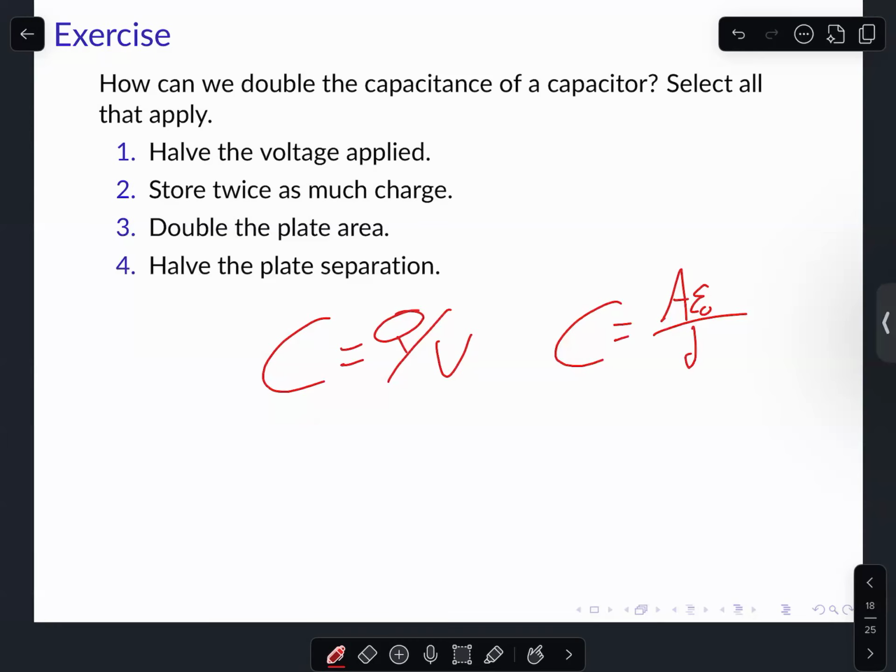Okay, what is always a true statement? Capacitance is equal to charge per volt. But how do I get a given capacitor? How do I get a given capacitance? I get a given capacitor to have a given capacitance by its size and shape and materials, but we're not talking about dielectrics in this class.